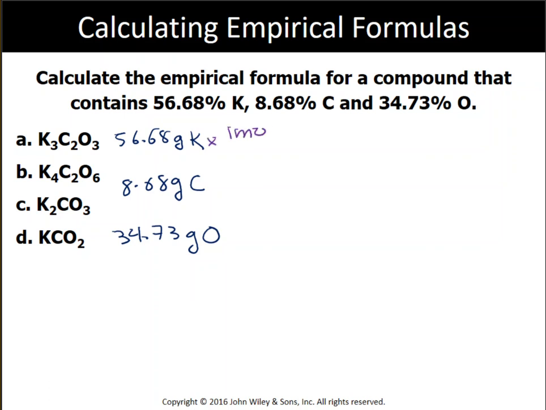So each mole of potassium is 39.10 grams of potassium, which gives us 1.447 moles potassium.